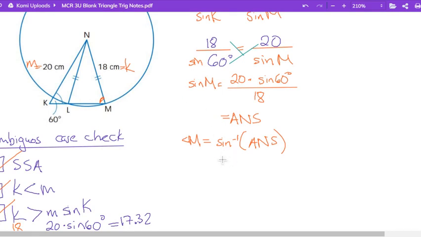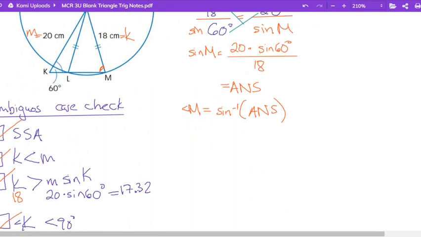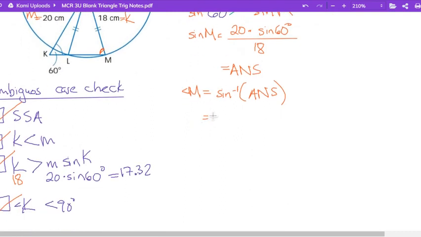Okay. And were we told? We weren't told. So I'm going to leave it to one decimal place. I got 74.2 degrees approximately.